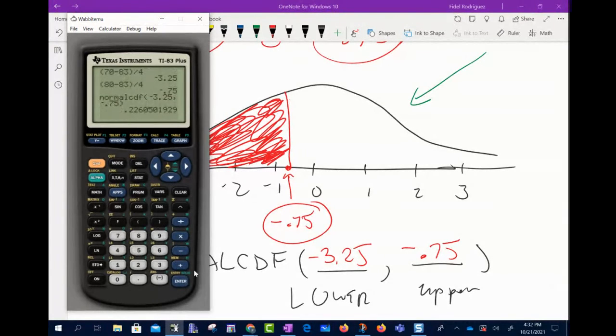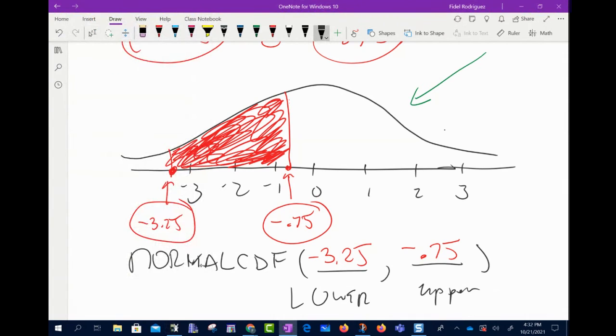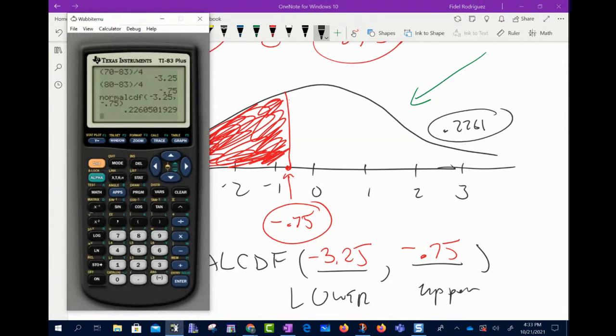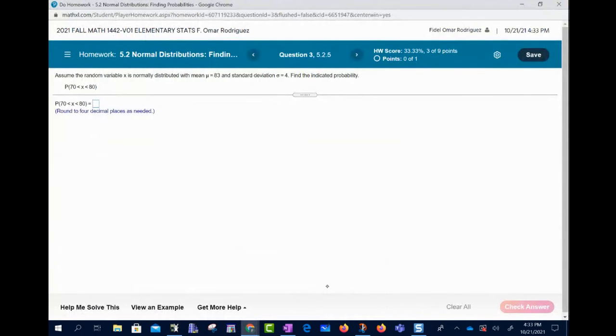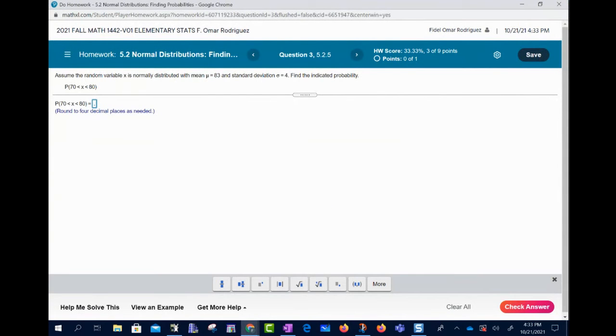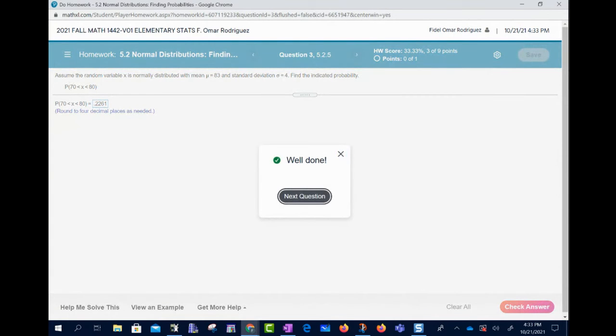Then we hit enter, and I'm coming up with 0.2261, because the number to the right of the 0 is a 5, so that 5 is going to change that 0 to a 1. And so now I'm going to type in 0.2261. It's always telling me to go to 4 decimal places, so we do, and we got it.